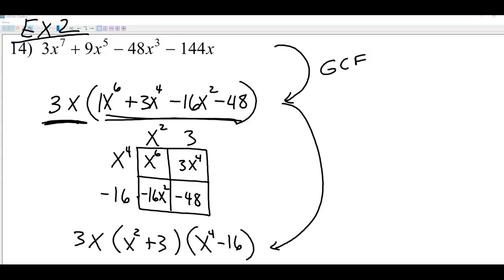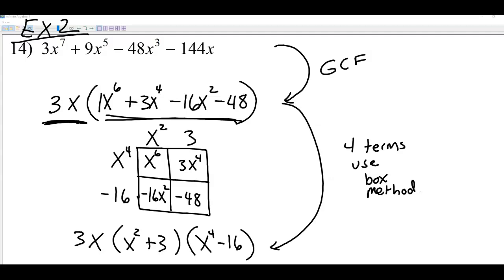And that was the box method because we had 4 terms. Now, does that mean on your example problem, your step 2 is going to be a box? No. It depends. If it's 3 terms or 4 terms, yes, but if on your example you have 2 terms only after you do a GCF, well, maybe it's a difference of squares. So you have to think about what strategy will I use.